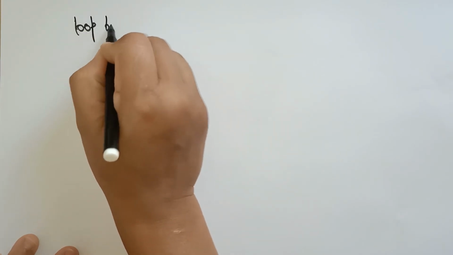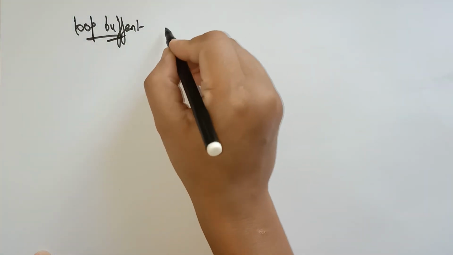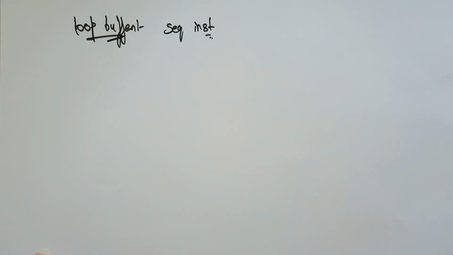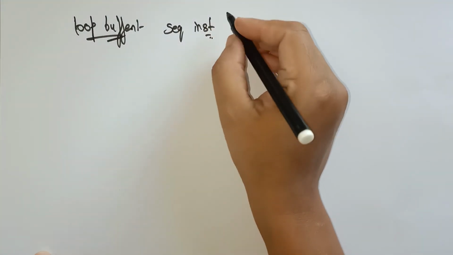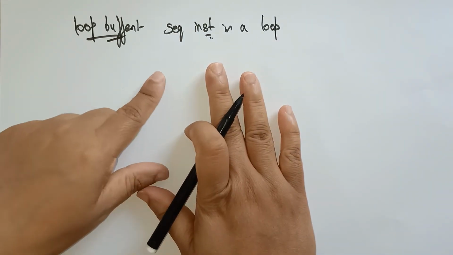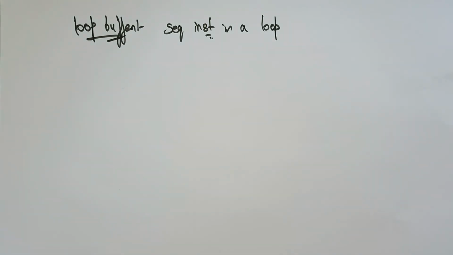Loop buffer means it holds the sequence instructions in a loop. Whatever sequence instructions come from the fetch unit, those that are on a loop will be stored in the loop buffer. Simply note that loop instructions will be stored in the loop buffer.